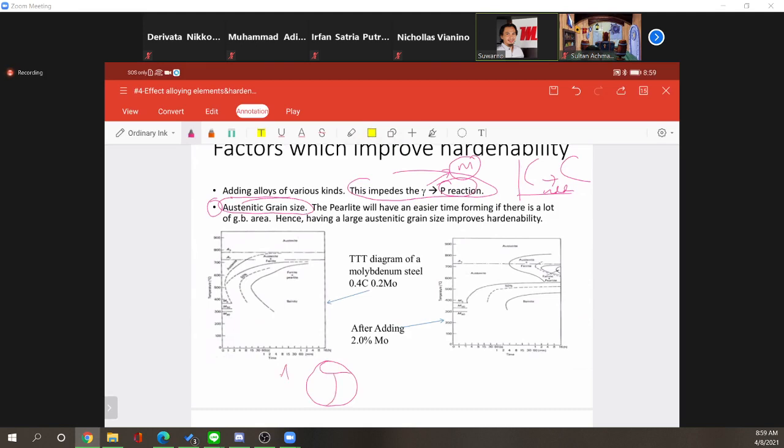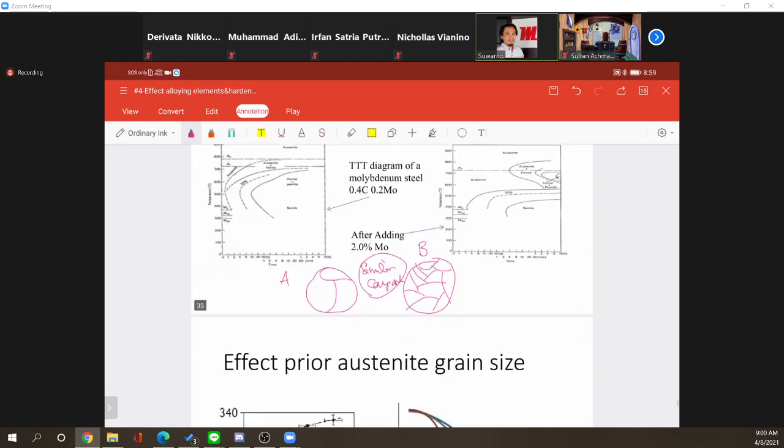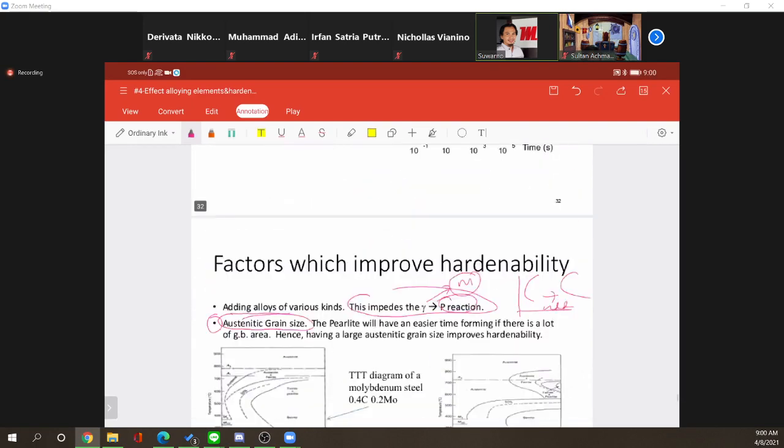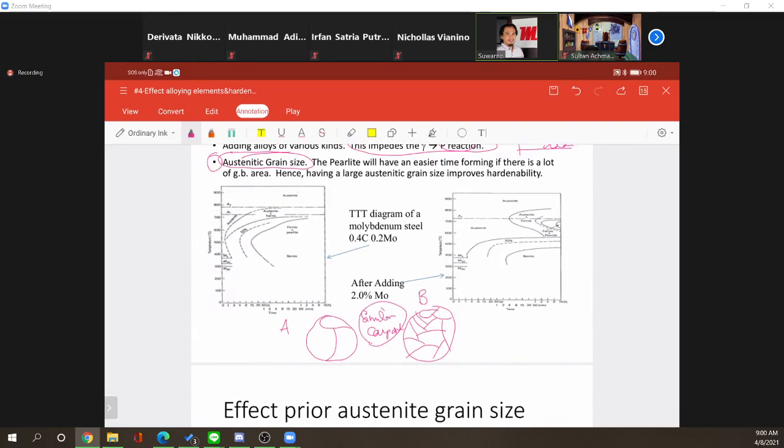This is called alloy A, and then you have alloy B, which has a finer grain size, something like that, finer grain. This is exactly a similar composition, right? So you have a large grain size, and then, all right, the smaller grain size.